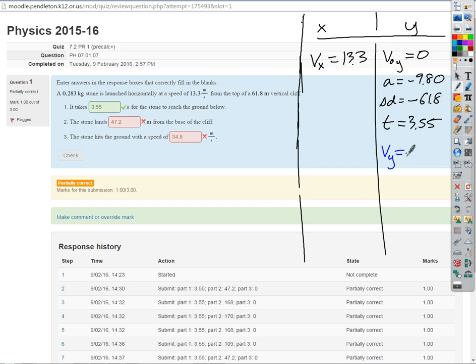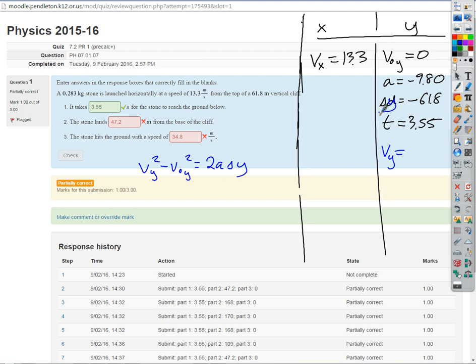We don't even really need the time, do we? We could just use the bottom equation and solve for V. We could use the equation V sub y squared minus V naught sub y squared equals 2a delta y. That should just be delta y, right?